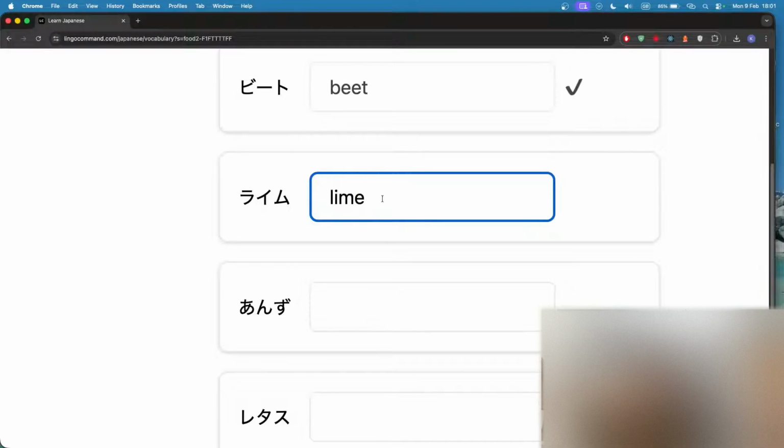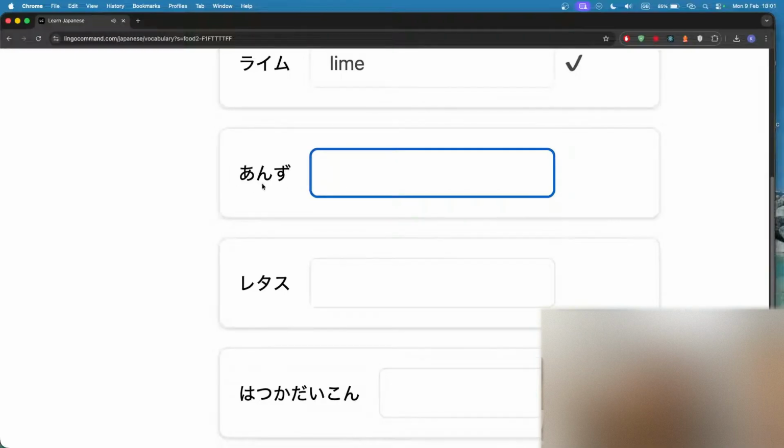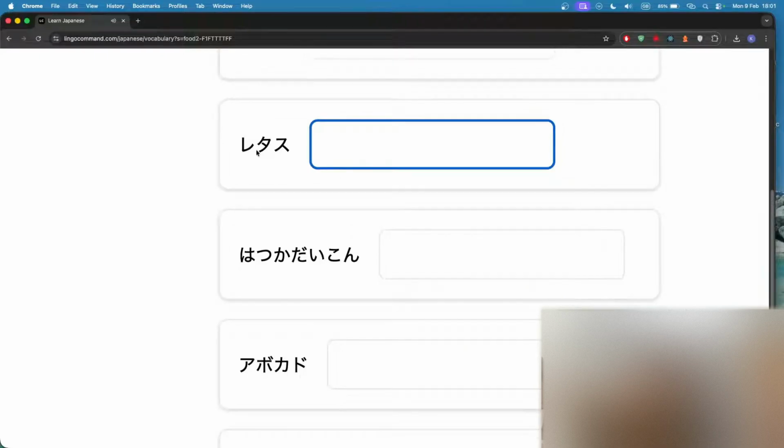It comes from the English word lime. And then this is anzu. This is hiragana. So we cannot use this loan words trick to guess what the word means, but it means apricot, if I recall correctly. And this is retasu, which means lettuce. It's another katakana loan word.